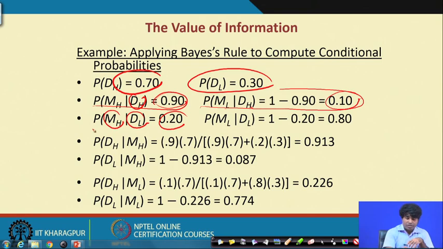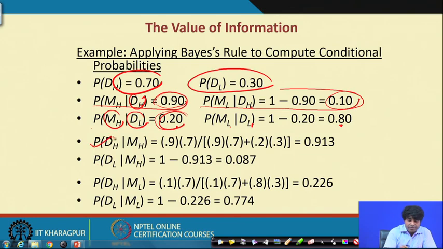Similarly, in the case of high market with low demand, if it is 0.20, then low market with low demand will be 0.80. So that is how total probability is always equal to 1. If you prepare a payoff matrix, the row-wise summation and column-wise summation are exactly equal to 1, so the typical structure can be addressed more effectively.